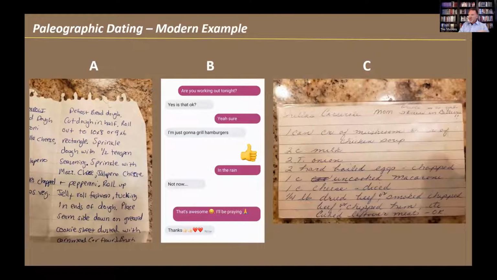Now, looking at these 3, this is the interactive part of the presentation. Looking at these 3 examples of English text, which one do you think came first? C. C, exactly. Which one do you think came last?